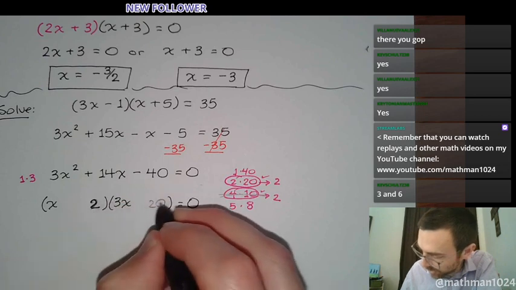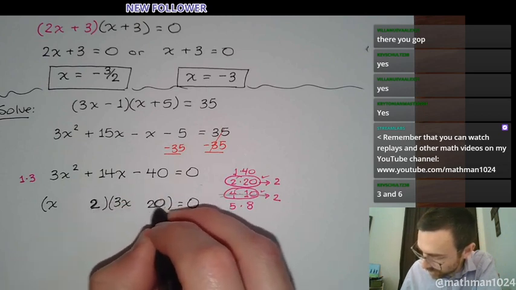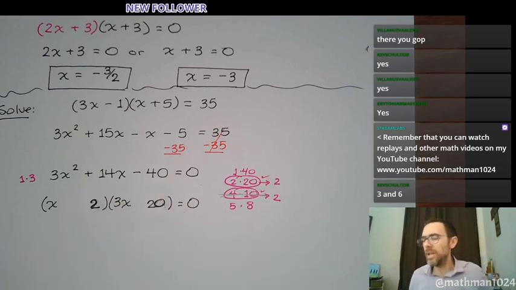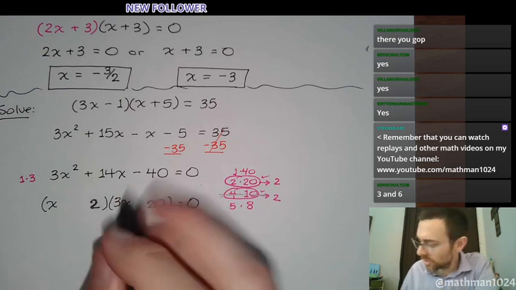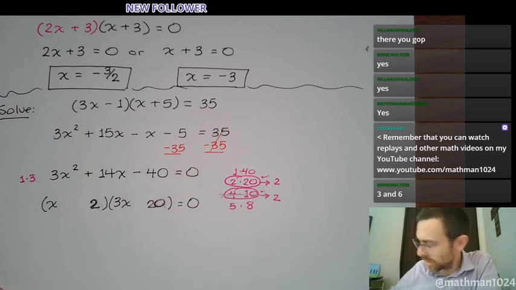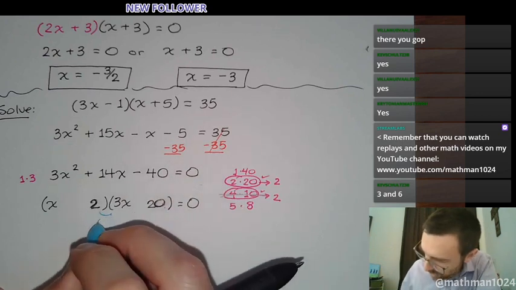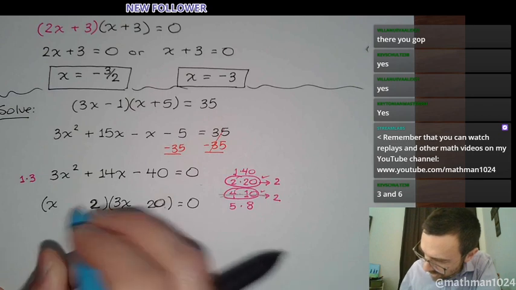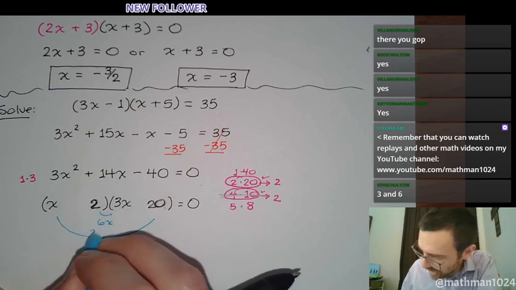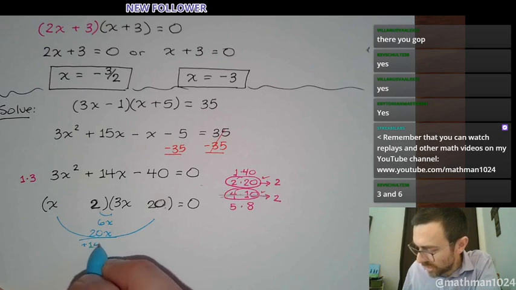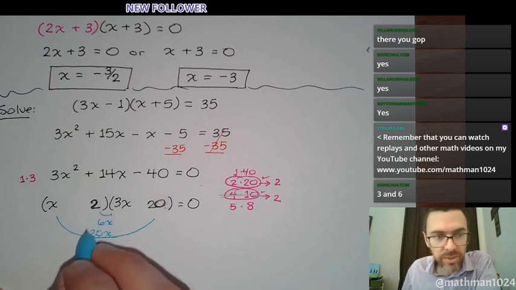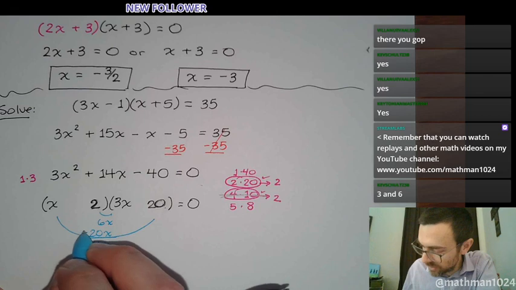So I'm going to do that in pen because now we are official. And in order for us to get a positive 14x, the larger of those two numbers, of the inside and outside products, because remember, this was giving us 6x on the inside and 20x on the outside. So in order to get a positive 14x, the larger of these inside numbers has to be positive.